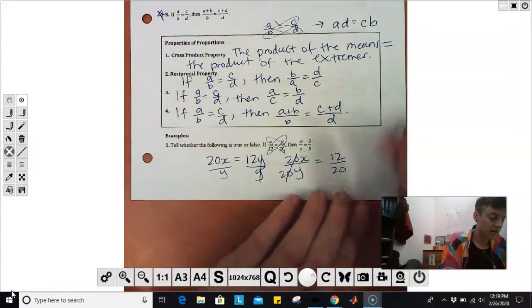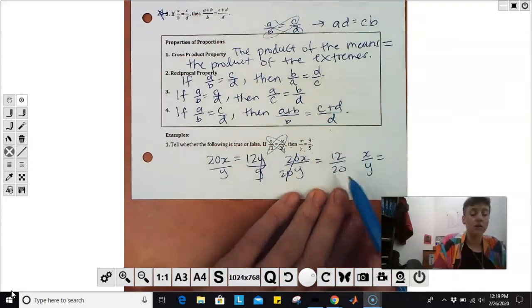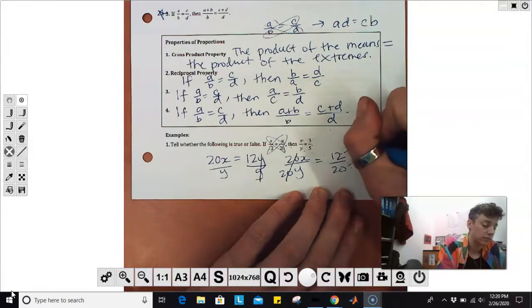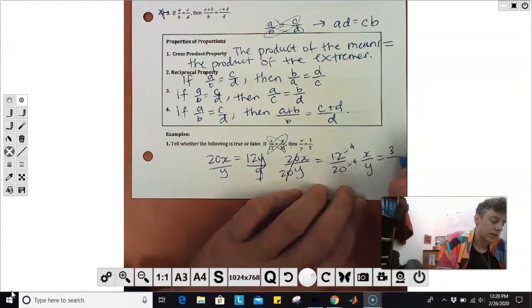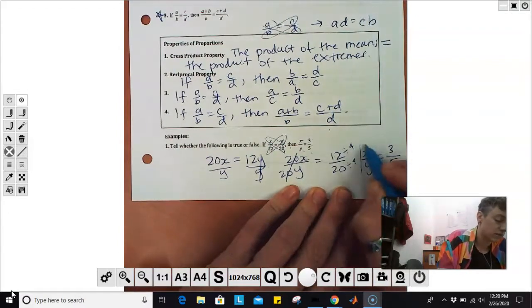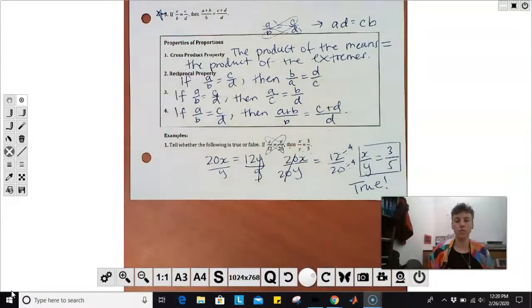So now we have x over y equals 12 over 20, which we can reduce by dividing both of them by 4. So x over y equals 12 divided by 4, which is 3, and 20 divided by 4 is 5. So hey, yes! This is true. Cool. Doing great. Let's keep on cruising.